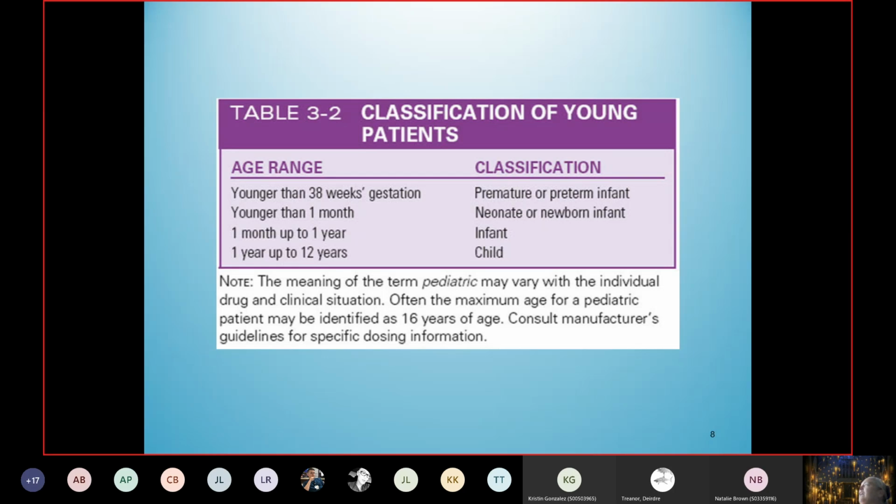So if I have a 14-year-old girl who's 5'3" and 120 pounds, as a provider, I'm not dosing her as a pediatric patient unless there's a significant difference. Because she is the size of an adult, I'm going to dose her like an adult. So that's something to keep into consideration.